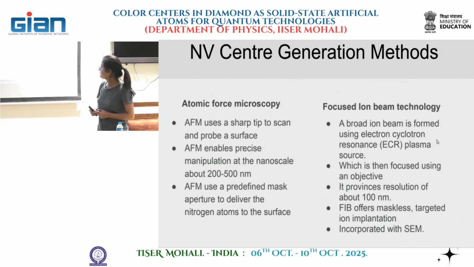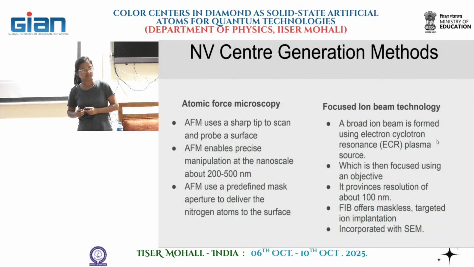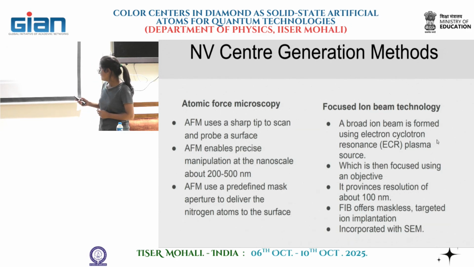So in this technology, what do we use? We simply use a broad ion beam which is generated using an ECR, an electron cyclotron resonance plasma source, and then we focus the whole beam into a very small spot size using an objective lens. The plus point is that it provides a resolution of around 100 nanometers, and it offers maskless targeted ion implantation.